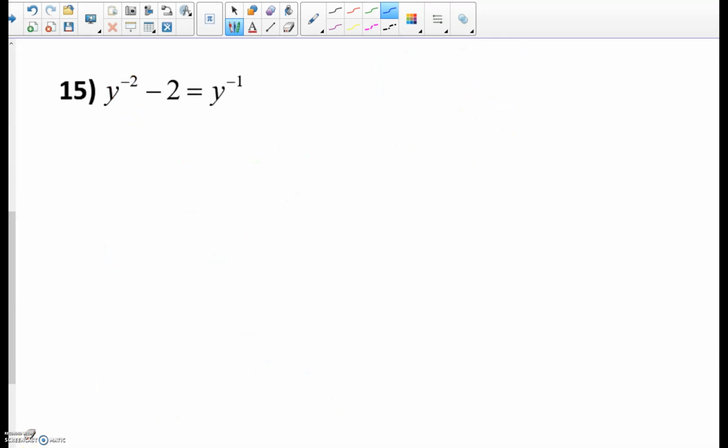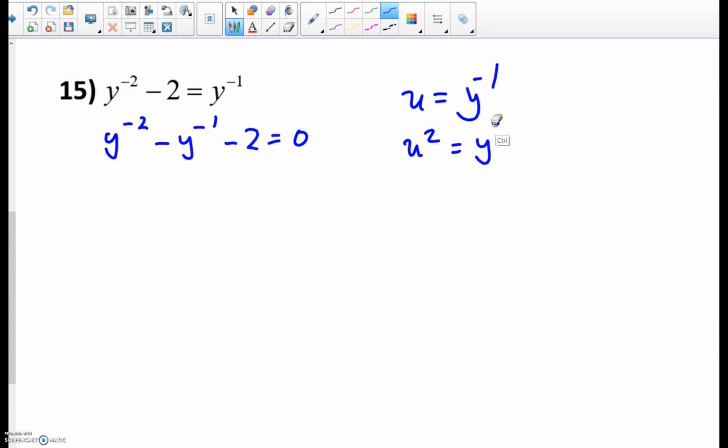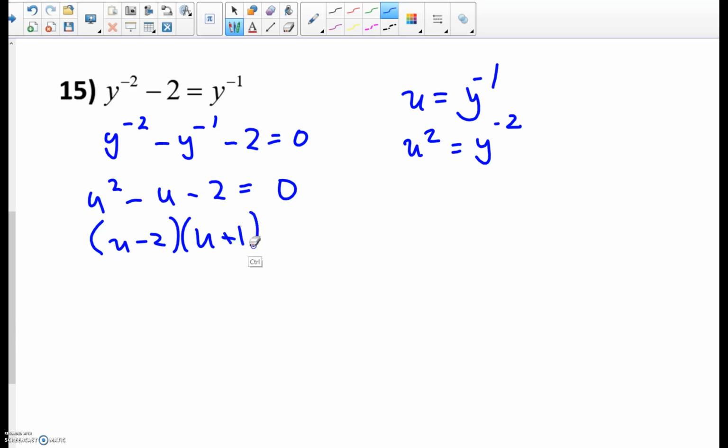Okay, so 15. Again, I need it in descending order. So subtract, I have y to the negative 2 minus y to the negative 1 minus 2 is equal to 0. I'm going to do a u substitution. So u squared would be equal to y to the negative 2. So I get u squared minus u minus 2 is 0. So u minus 2, u plus 1 is 0, and u is equal to 2. u is equal to negative 1.